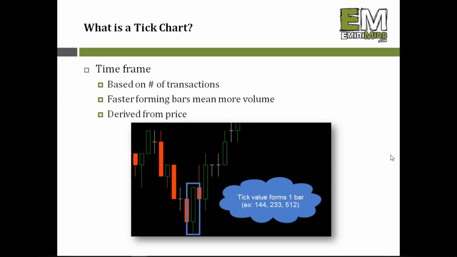It's derived from price, and it's really helpful because when the market is forming a lot of trades really quickly, when there's a lot of action happening, the bars form quicker because the trades are coming at you faster. So just by looking at a tick chart, you can get a sense of the volume that is in play for the day.